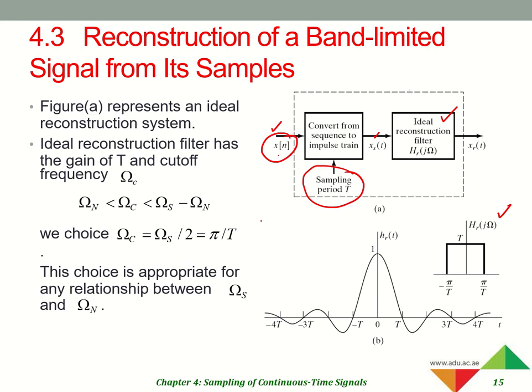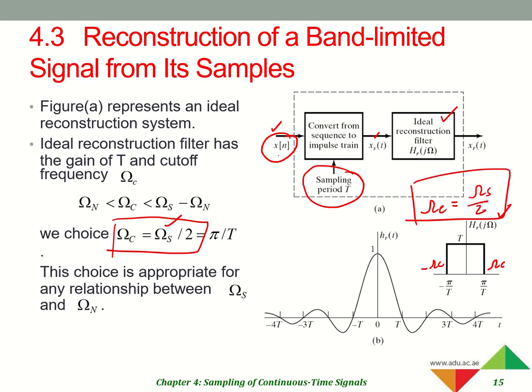The minimum criterion is that your sampling frequency and the filter critical frequency should have this relationship. We are applying a filter which has a critical frequency of omega c. This critical frequency should be half of the sampling frequency. This is the basic minimum criterion. What does this mean?